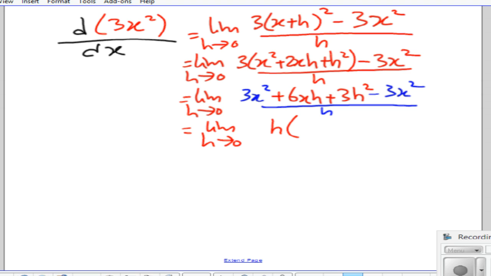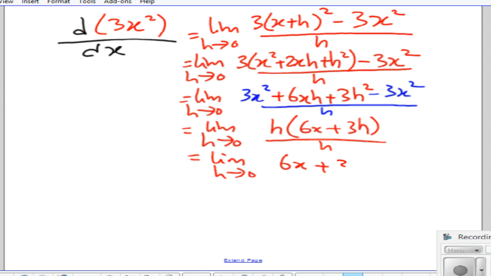Here you can see that the two terms in red have h as the common factor, so I can rewrite it as this divided by h. The h in the numerator and denominator cancel out, so we are left with 6x plus 3h. Here I have the limit of a sum, and the limit of a sum is the sum of the limits.